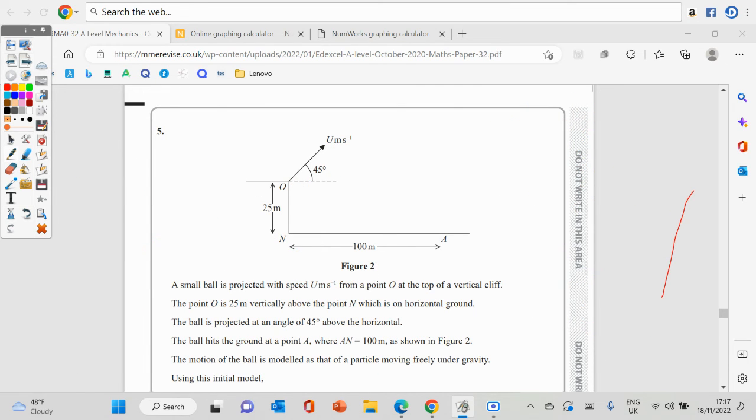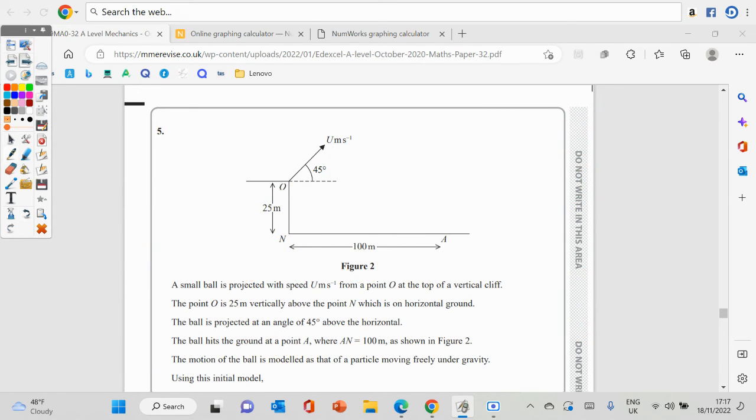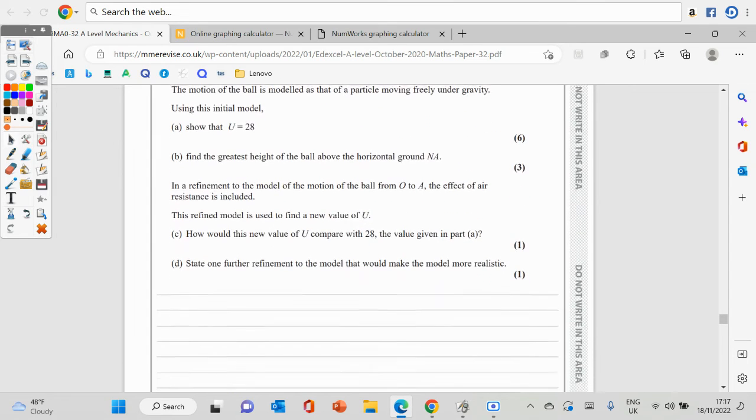Right. Moving on. Find the greatest height of the ball above the horizontal ground. Okay, so the highest point above the ground is suvat again. No chances for guessing what the suvat's going to be. Now, I don't know the time, but I know everything else. I know what u is. u is 28.